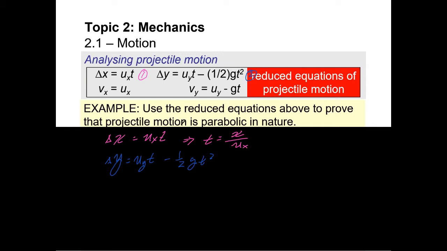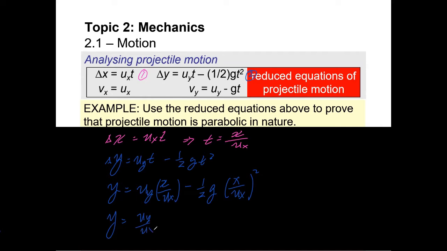Let's plug in t in this equation. y equals uy x over ux minus 1 over 2 g times x over ux squared, and y equals uy over ux times x minus g over 2 times ux squared times x squared.